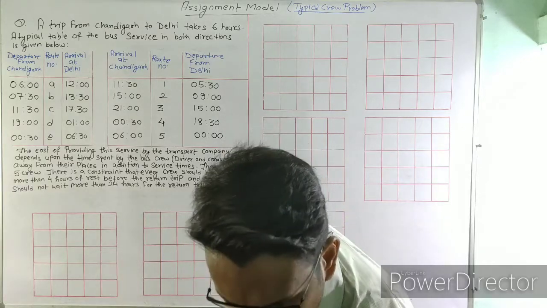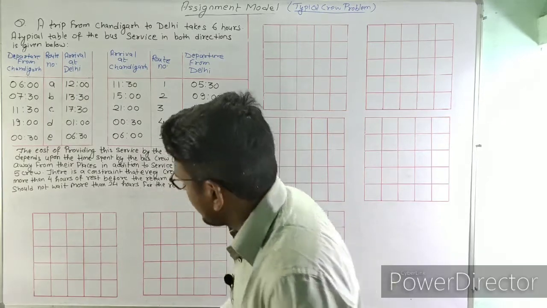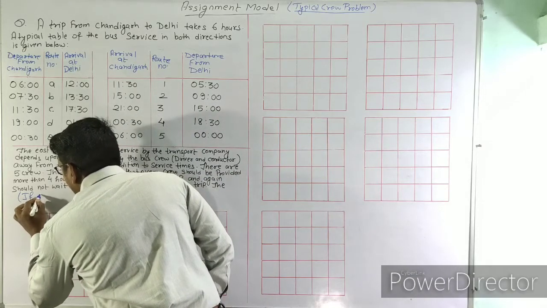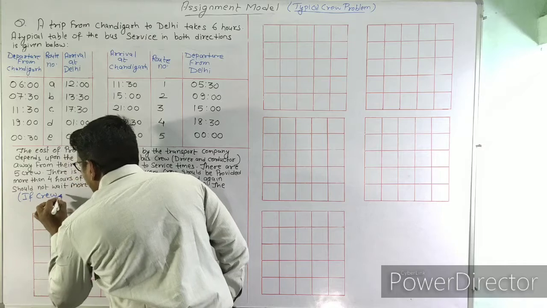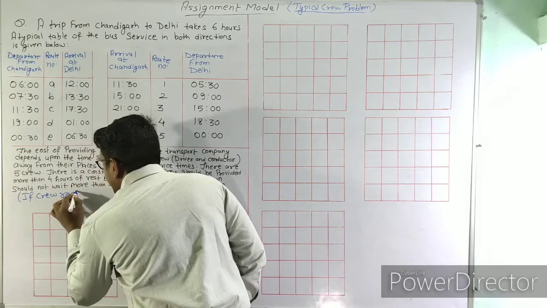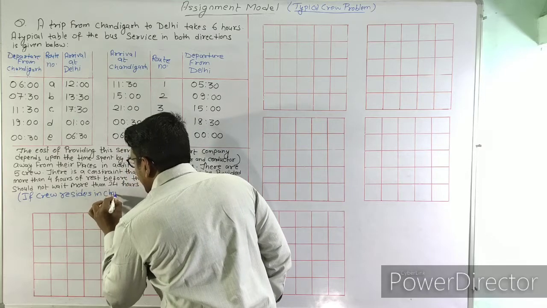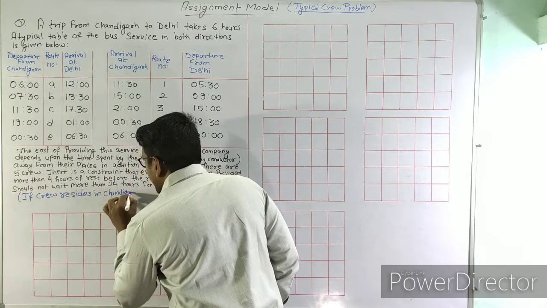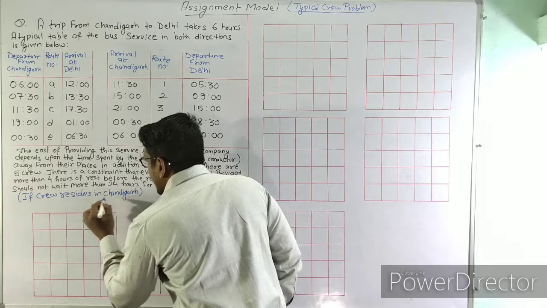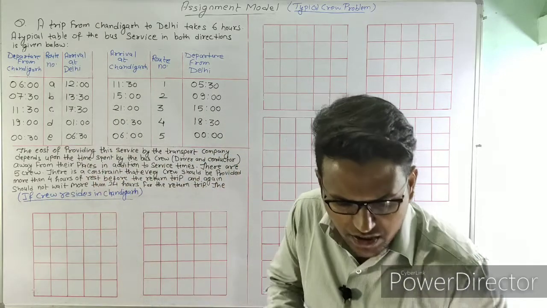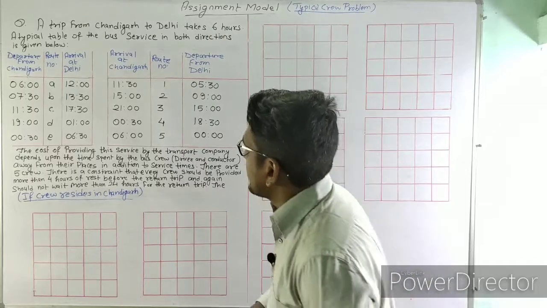So let us see if a crew resides in Chandigarh, we need to see the waiting time there.